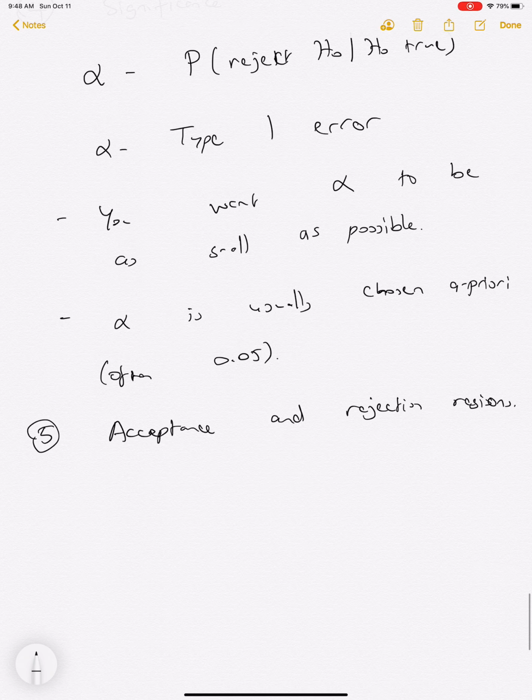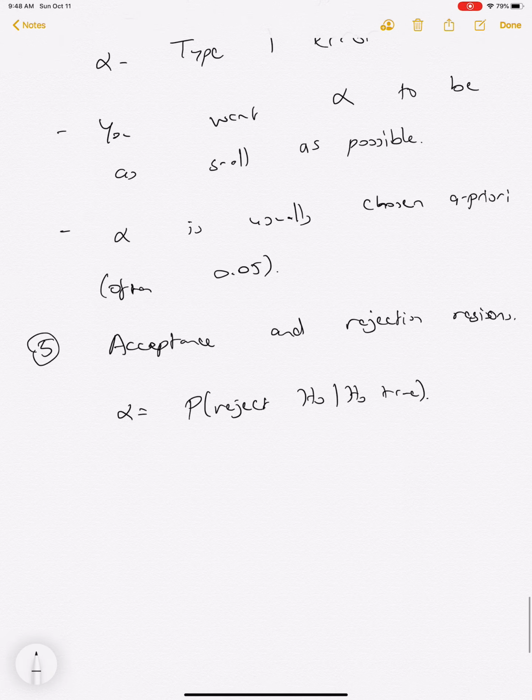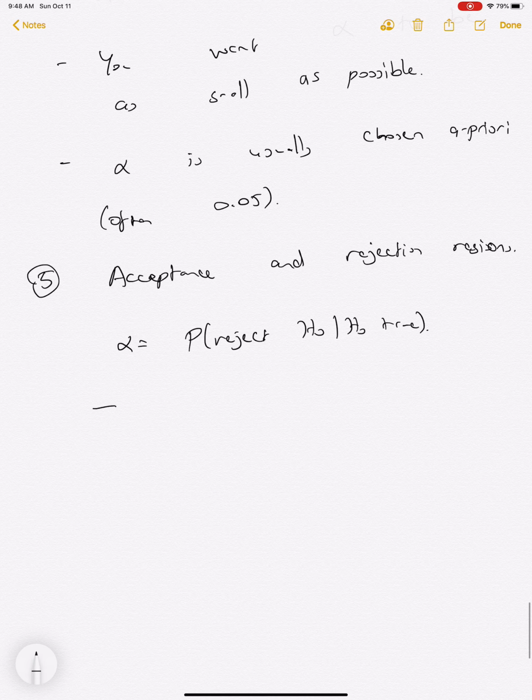Okay, so alpha equals the probability that you reject H naught given H naught is true. And then you have your test statistic, T of x1, x2 up to xn. Clearly your test statistic is determined by your data. Whether your statistic lies in a particular region or not is going to determine whether you accept or reject your test.